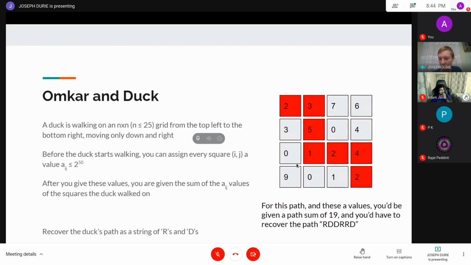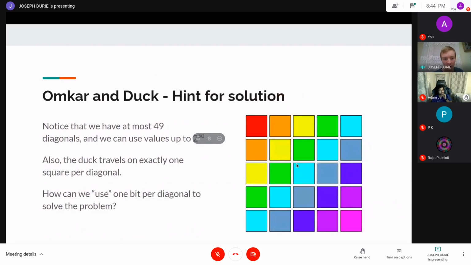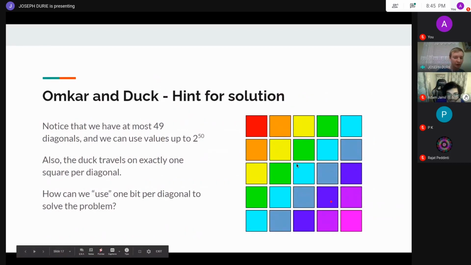All right, so I think I'll give you guys the hint for this one, which is basically to think about it in terms of diagonals. If you look at the diagonals from the top left to the bottom right, there's going to be at most 49 of them, right? Because n is at most 25, and you have like 2n minus 1 diagonals.